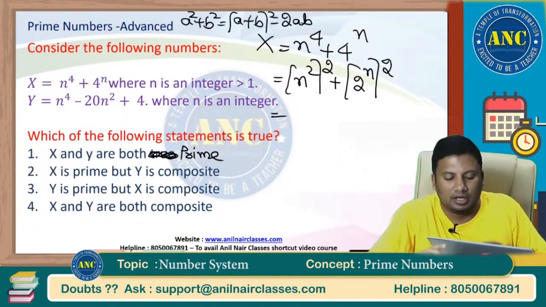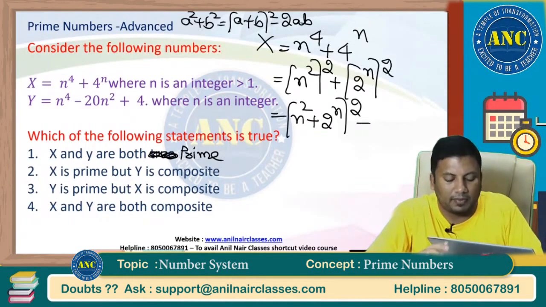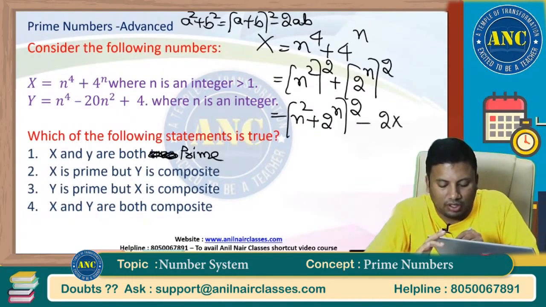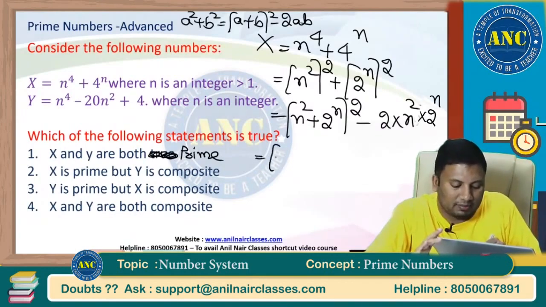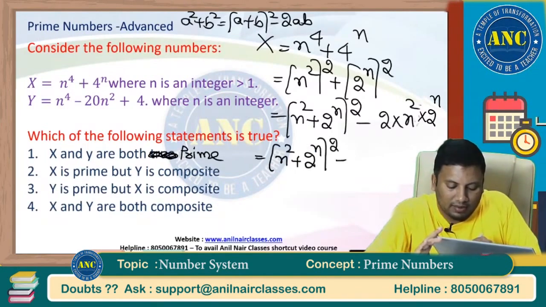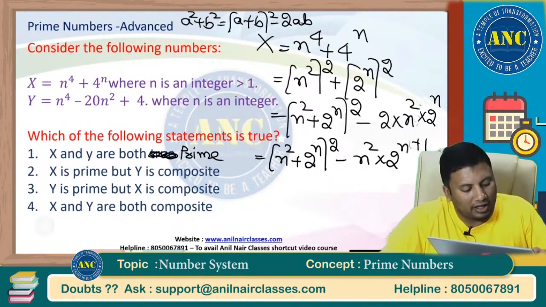So this is n square plus 2 power n whole square minus 2 into n square into 2 power n, which is n square into 2 power n plus 1.